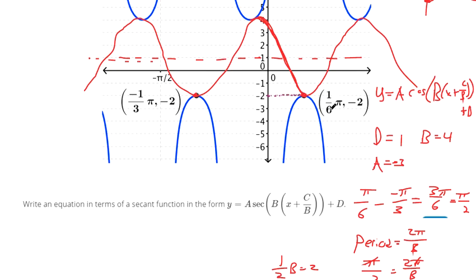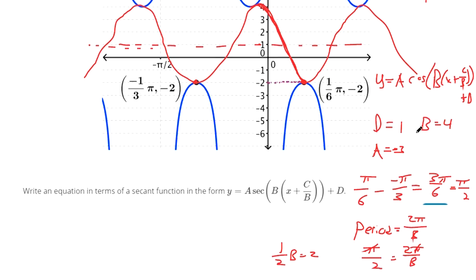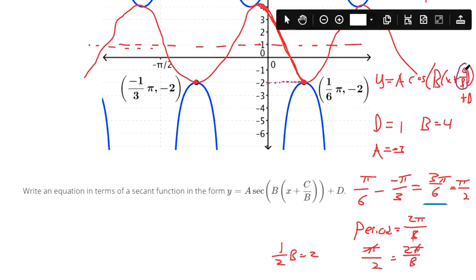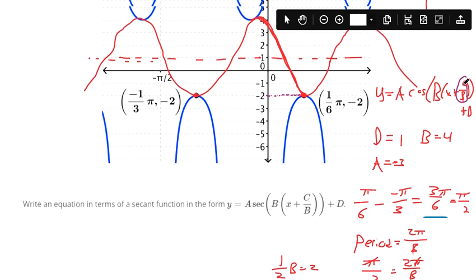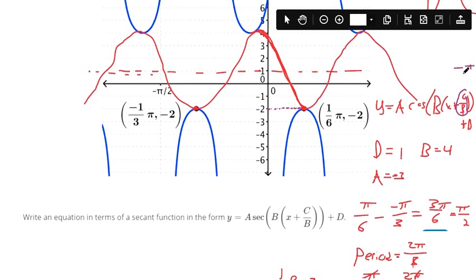This is pi over 6 on the x-axis. But it's got to be negative, because remember with phase shift, it's in the opposite direction of what we'd usually think. If you want to go pi over 6 units to the right, then your phase shift, this part right here, has to be negative pi over 6.